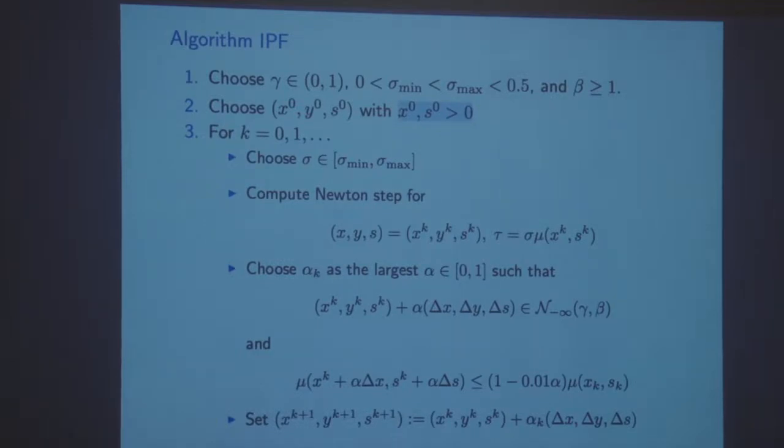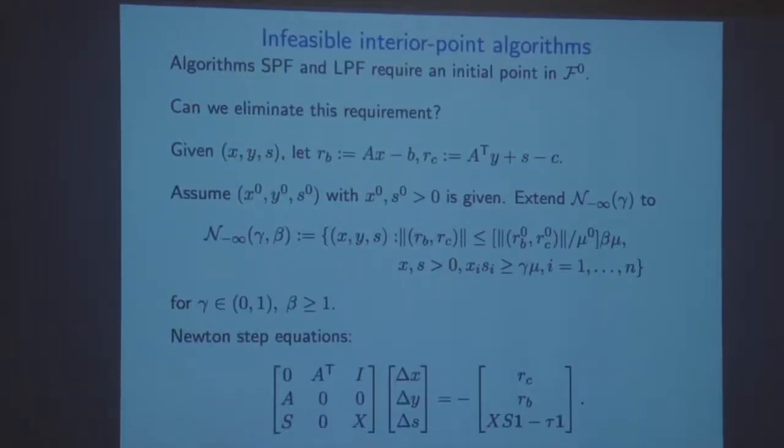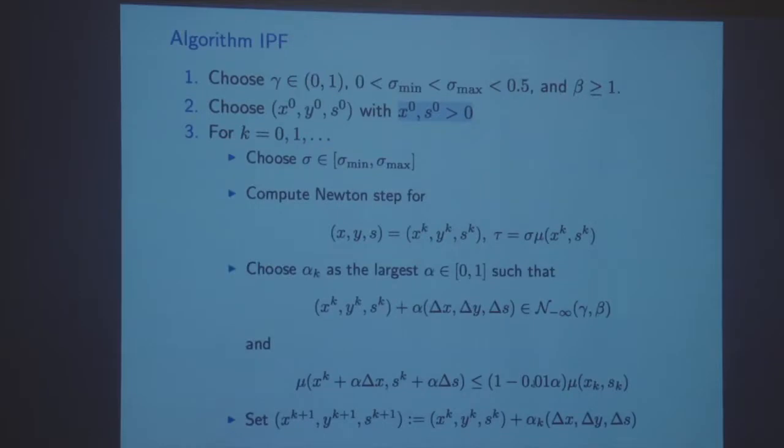And again, the key step here at each iteration is to compute the Newton step, where the Newton step now is going to be a little more complicated because we have to worry about the primal and dual equations. So RC and RB would be the residual in the primal and dual. Other than that, it's the same kind of principle.